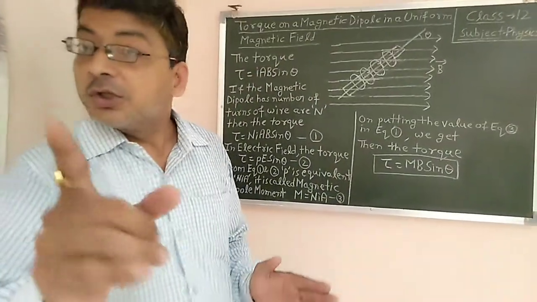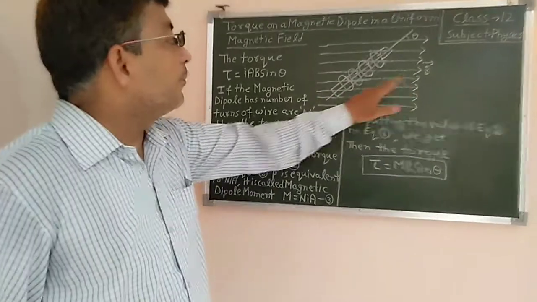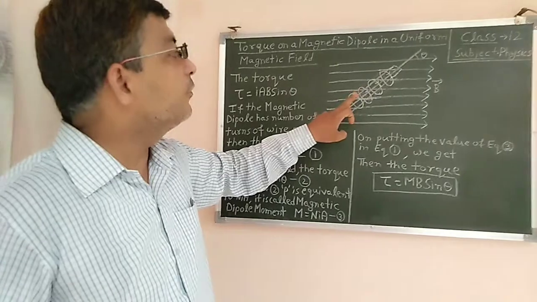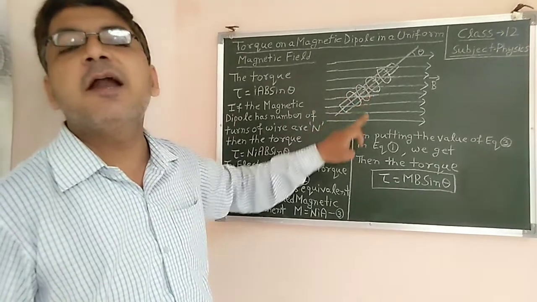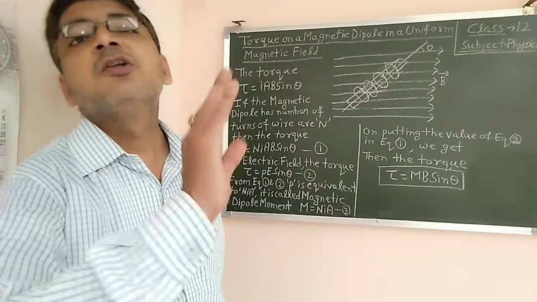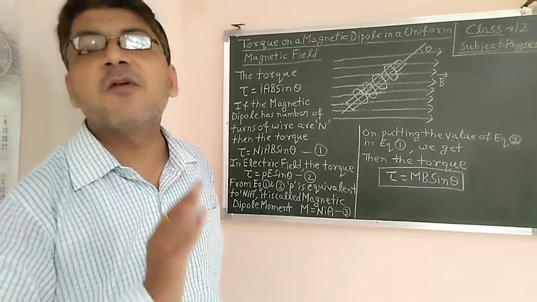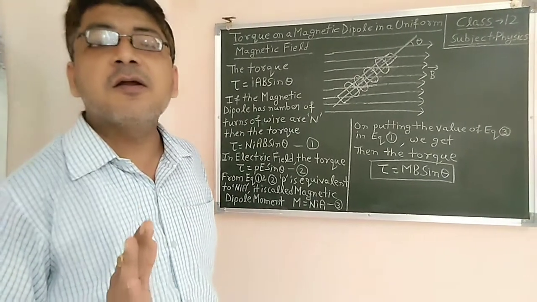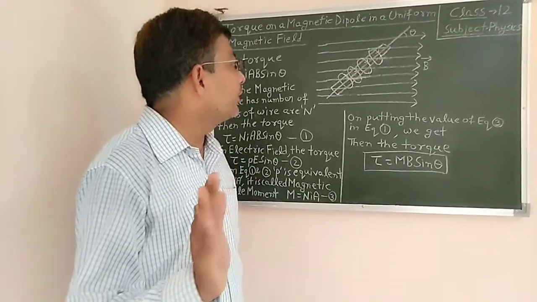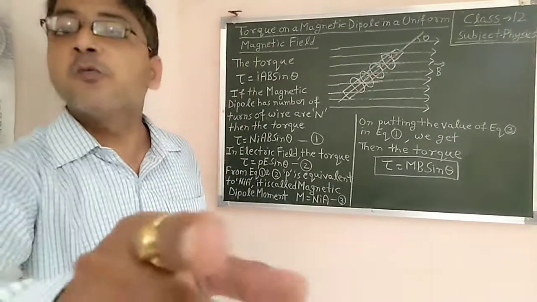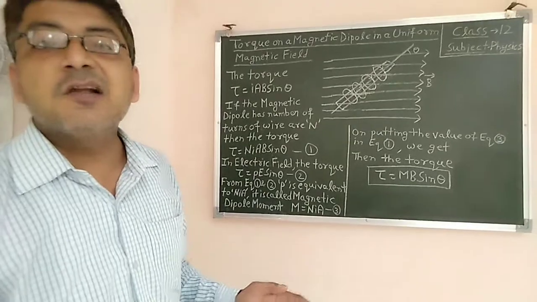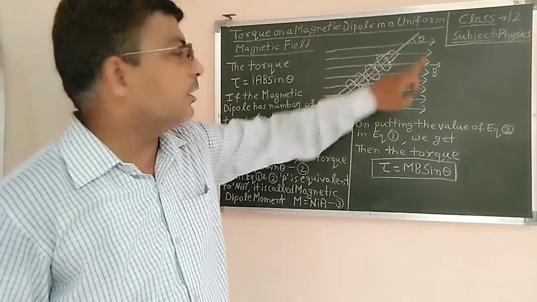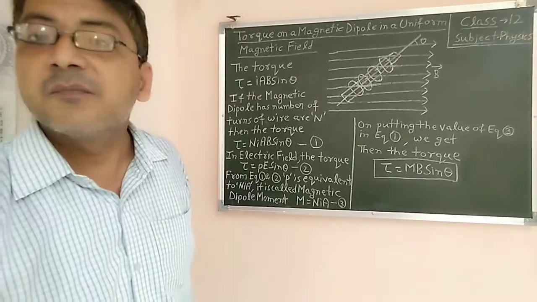Clear? This arrow represents the magnetic field and the magnetic dipole is situated in the magnetic field at an angle of theta in clockwise direction.